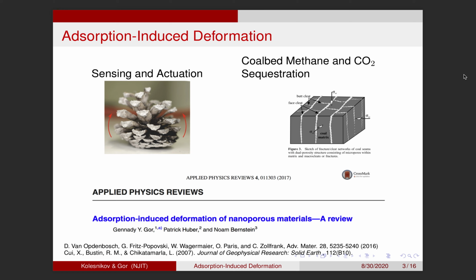If you're interested in the history and the development of different experimental and theoretical methods to study adsorption-induced deformation, I strongly encourage you to take a look at this paper, which is available open access on the Applied Physics Reviews website.